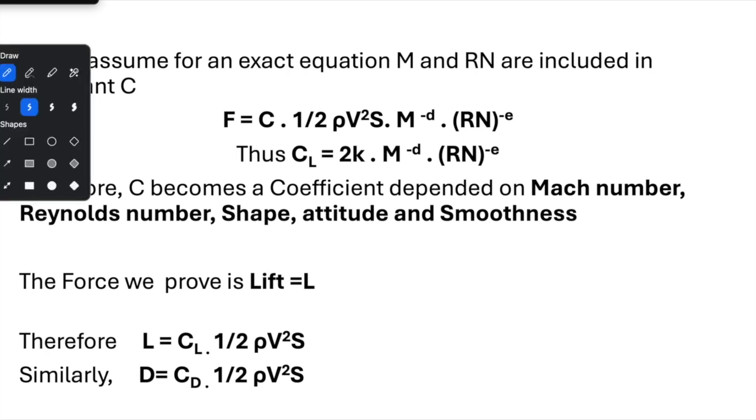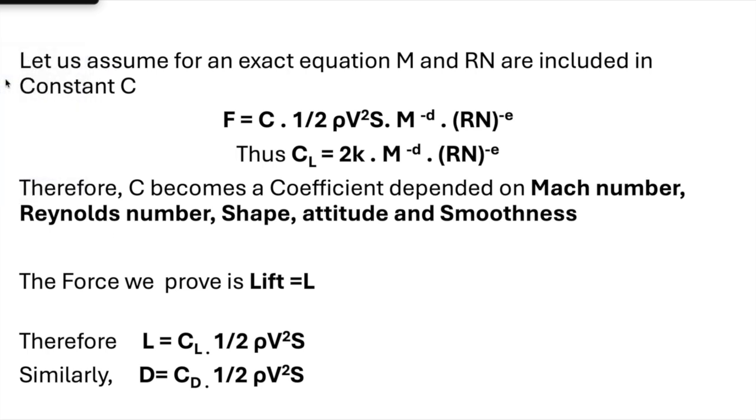Now let us assume that for an exact equation the Mach number and the Reynolds number are included in constant C. So my earlier equation is written here, which is F equals C times half rho V squared S times Mach number to the minus D and Reynolds number to the minus E. Since I assume that Mach number and Reynolds number are included in constant C, I will introduce it as Cl, and I will write Cl equals 2K, because it includes the earlier 2K constant, and the Mach number and the Reynolds number.